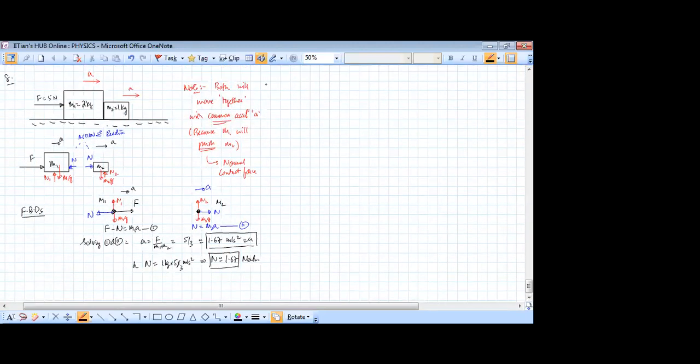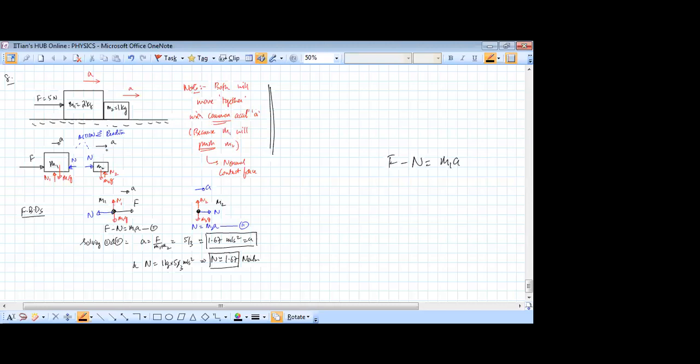Okay, so this is the critical point to understand over here. Last two steps, you have this equation, F minus N is equal to M1A.